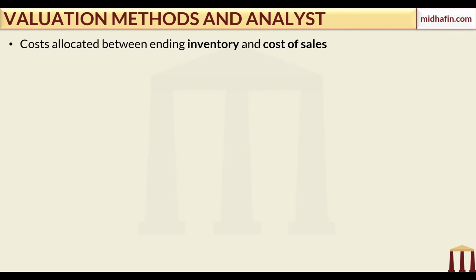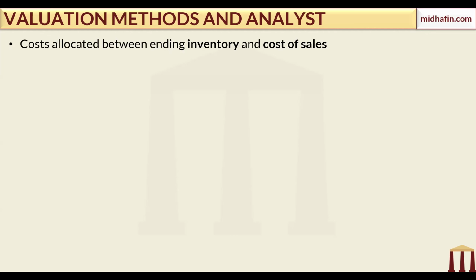Now, with respect to cost, you have in the income statement, if you remember, the cost of goods sold, right? That is one aspect, cost of goods sold or cost of sales, you can call it. But that is not the total cost of goods which is available for sale.